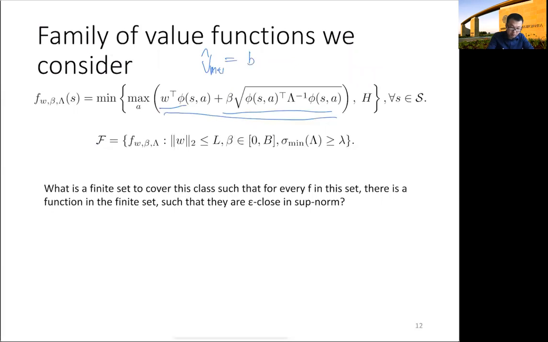some exploration bonus. So this is the exploration bonus of V_H and B_H, plus phi(S,A) multiplied with mu hat and then V_{H+1}, right?